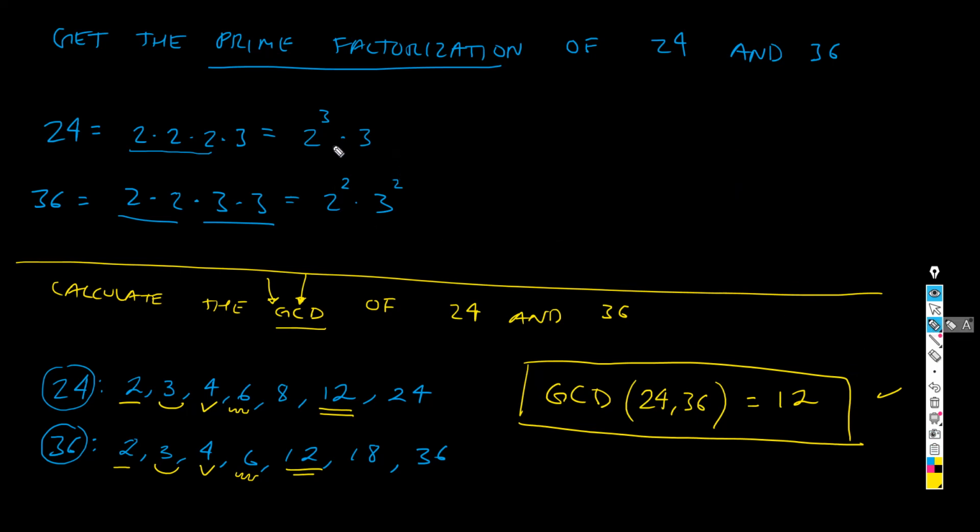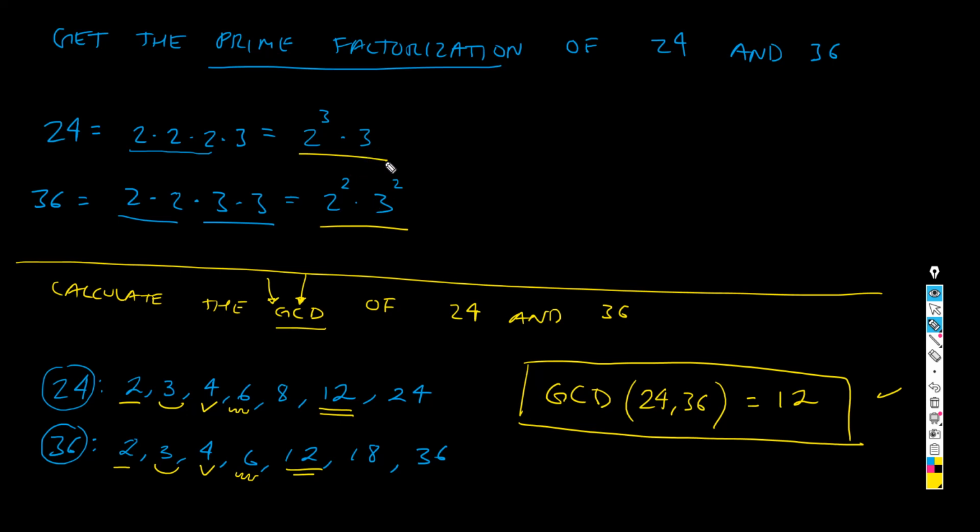step is asking yourself. Look at these two prime factorizations. These are still prime factorizations, only that in reduced form, in exponential form, so to speak. And ask yourself, what factors do they share in common? They share the number 2 as a factor in common and the number 3.